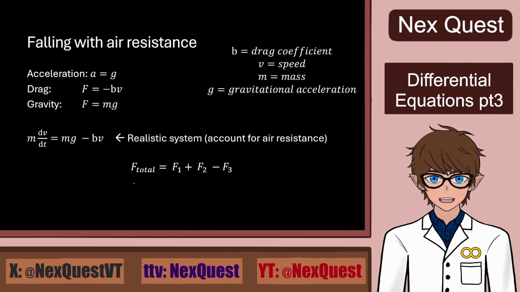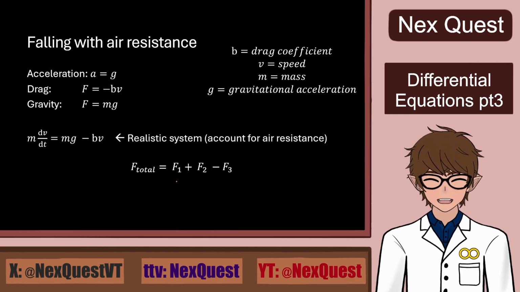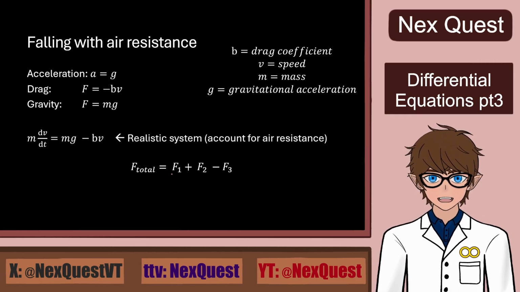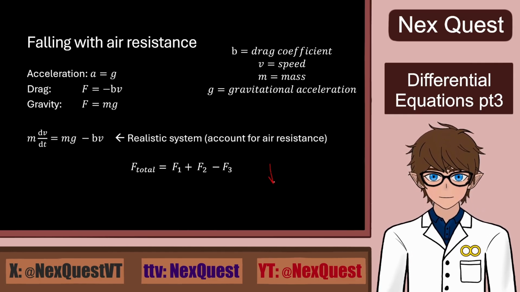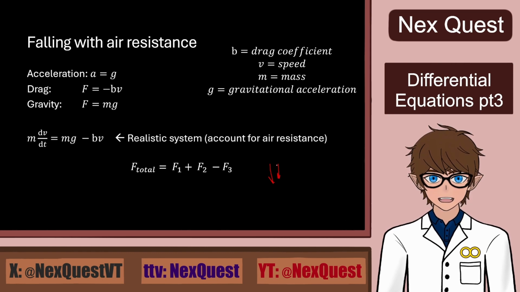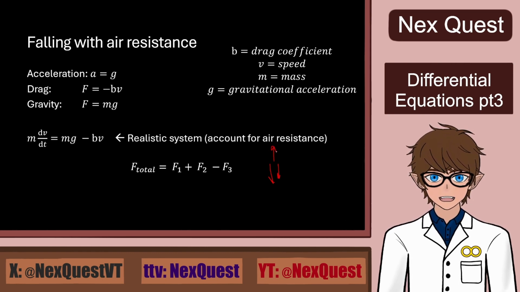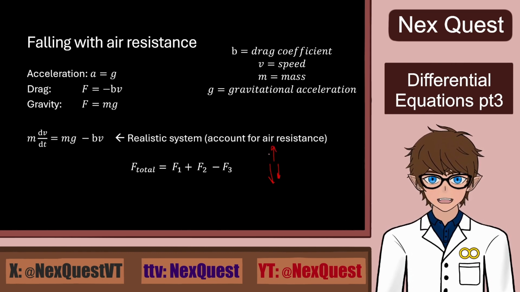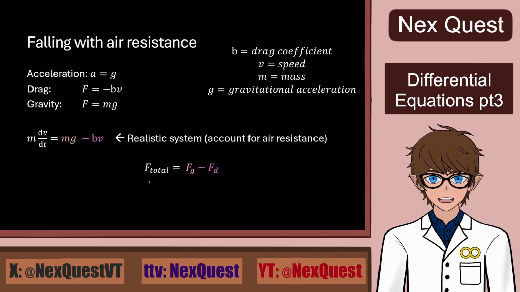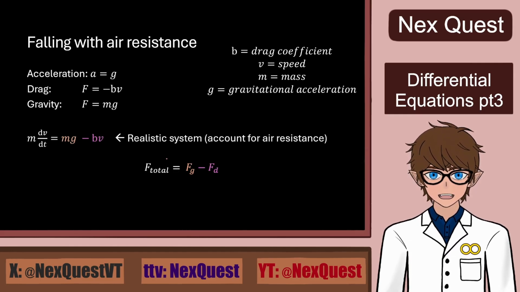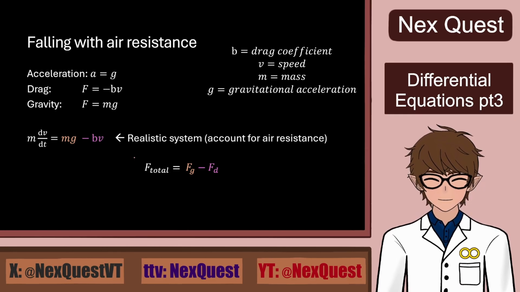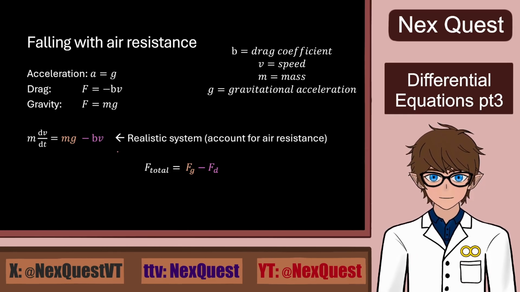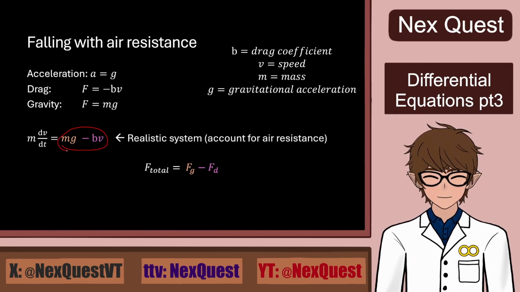This would tell us that the total force acting on a body would be comprised, in this example, of three forces. 1 and 2 are pointing in the same direction, while 3 is pointing in the opposite one. Translating that into our example, the total force equals the gravitational force minus the drag force. And of course, I color-coded them, so it's easier to see what each part represents. So this part here represents the total force.